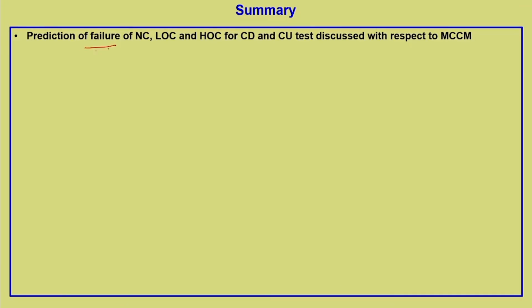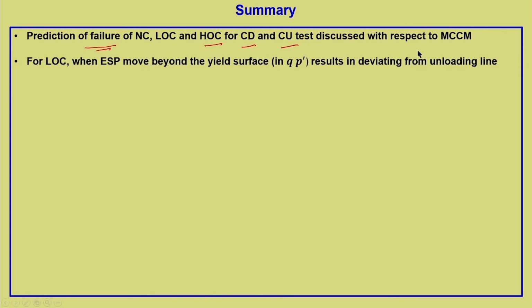Let us summarize today's lecture. Prediction of failure of NC, LOC and HOC for CD and CU tests was discussed with respect to MCCM. For LOC, when the ESP moves beyond the yield surface in the q-p dash plot, it deviates from the unloading line. We have shown that relationship with respect to yielding and the yield curve.